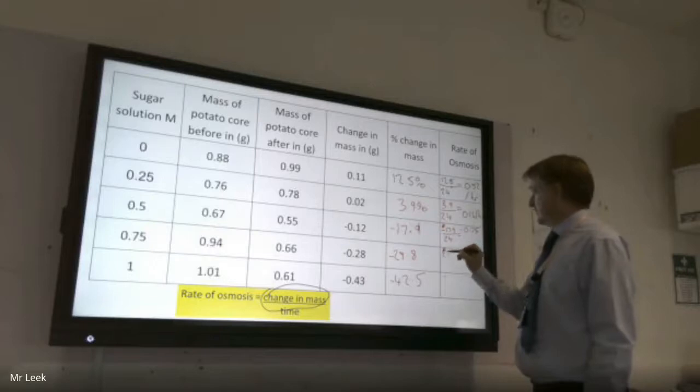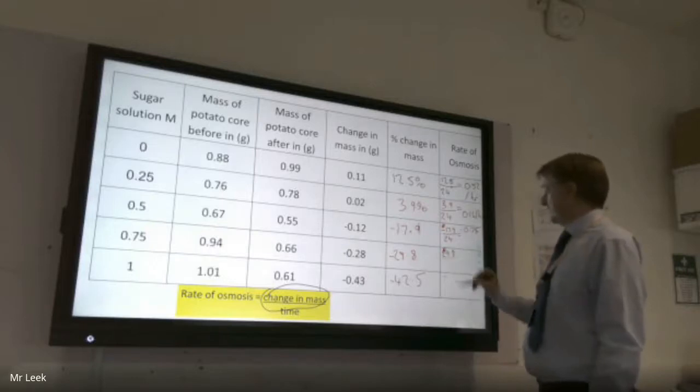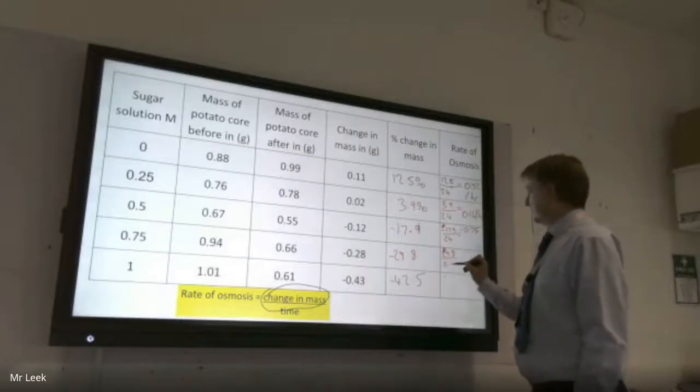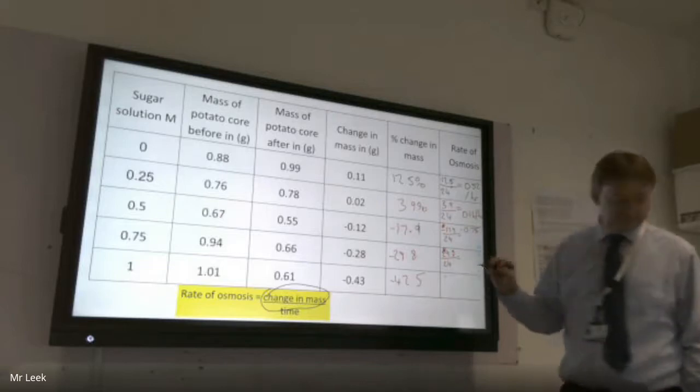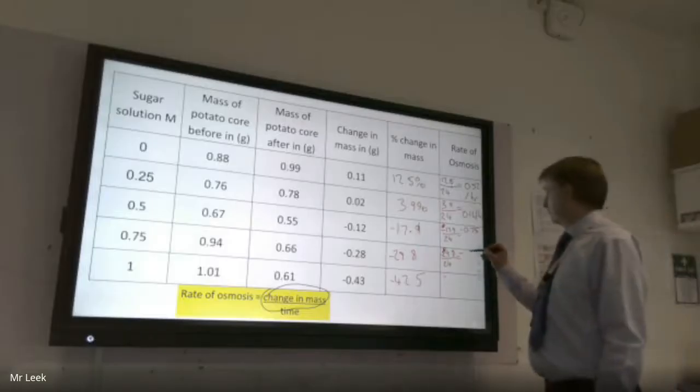So it's 29.8, which is the change in mass, divided by 24, equals... 1.24?